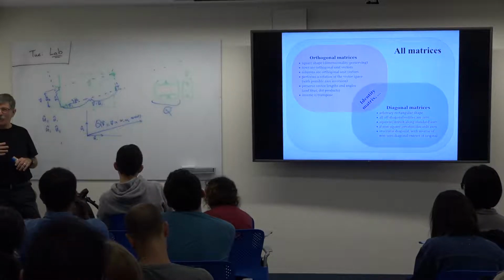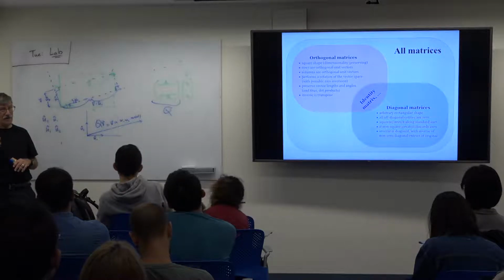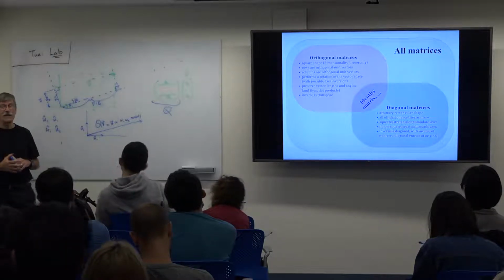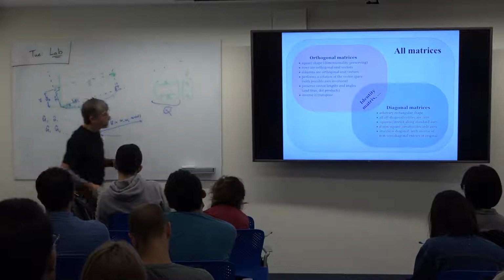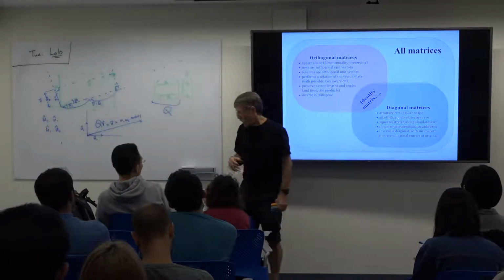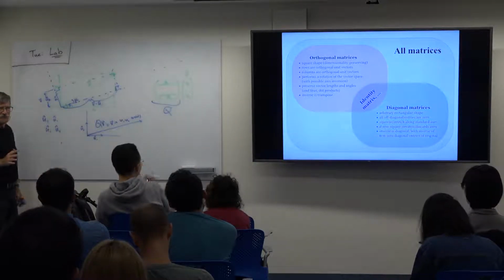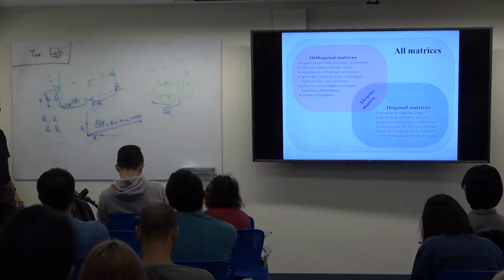Probably should be called orthonormal because they're not only orthogonal, they're also normalized. They're length 1. But standard verbiage is to call it an orthogonal matrix. So orthogonal matrices, basically, I'll talk about minor exceptions to this, basically do rotation.